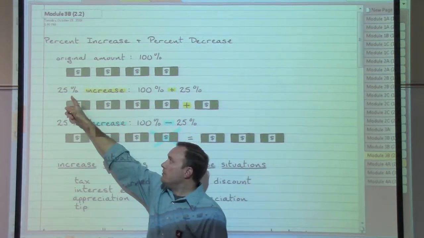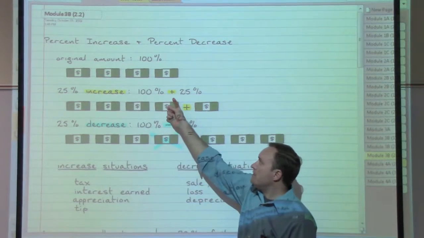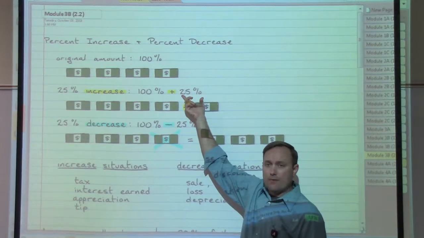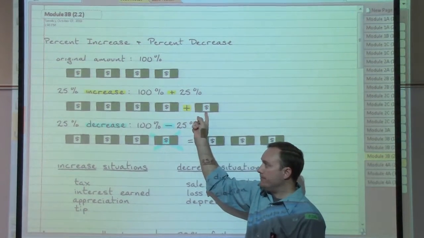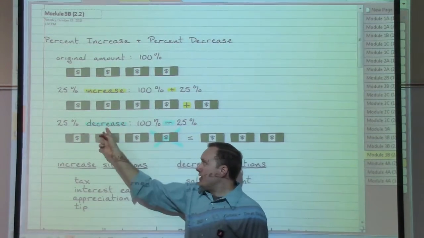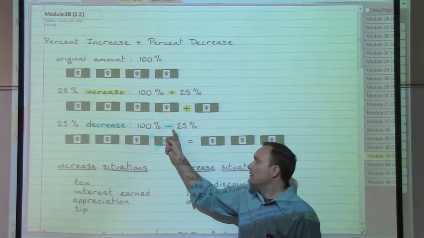If we're going to do a 25% increase, we're going to start out with that 100%. Increase means we're going to add. 25% means whatever bill we've got, we're going to add one more extra to it. Flip side, decrease would mean that we're going to start with that original amount and then subtract.